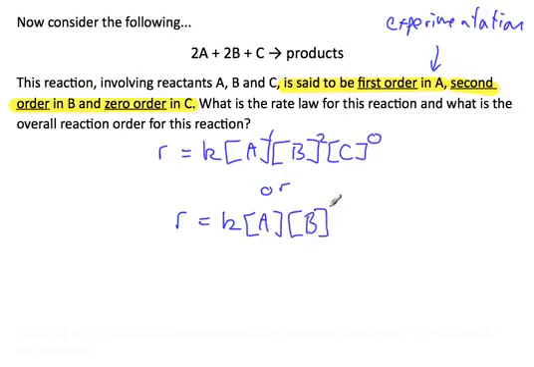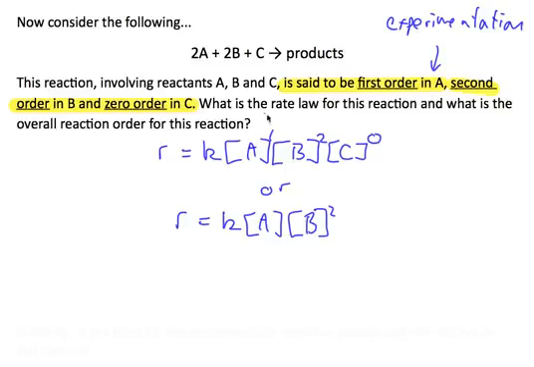Concentration of B will change when it's raised to the power of 2, so we leave it that way. And think about this. Concentration of anything raised to the 0. Well, anything raised to the 0 is 1, and so that's like multiplying by 1, and so we don't bother. We just leave that out. So C will not affect the rate of reaction, and so that's important to realize.